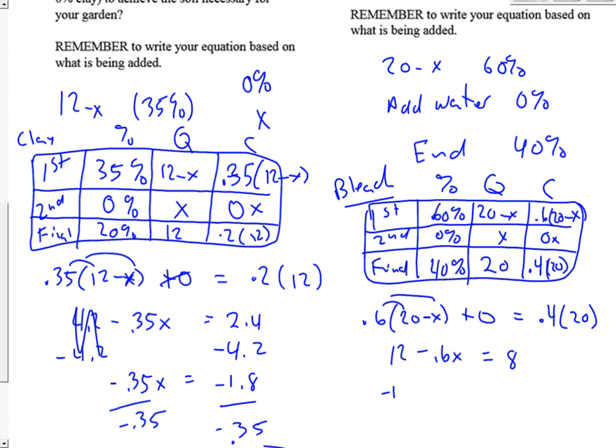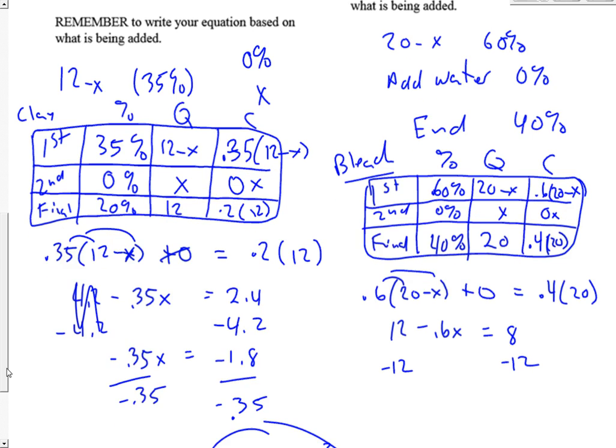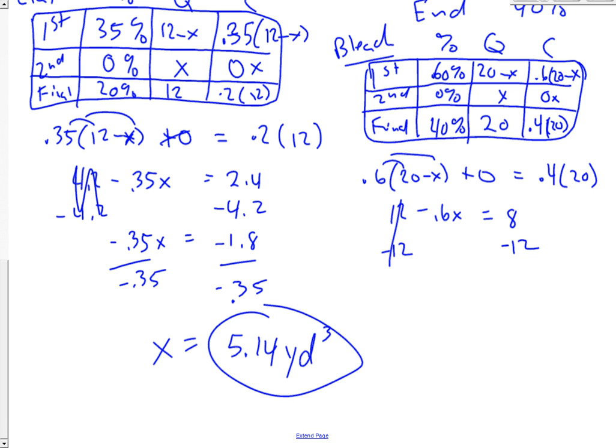Then you subtract your 12. You're going to get negative 0.6x equals negative 4. And then you divide by negative 0.6 to get x equals 6 2/3 ounces.